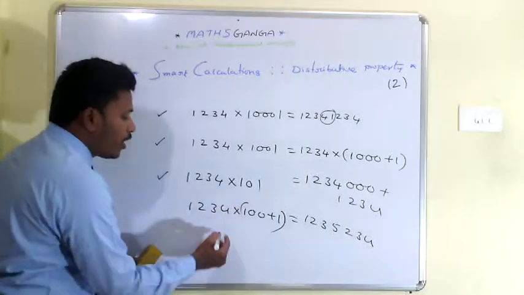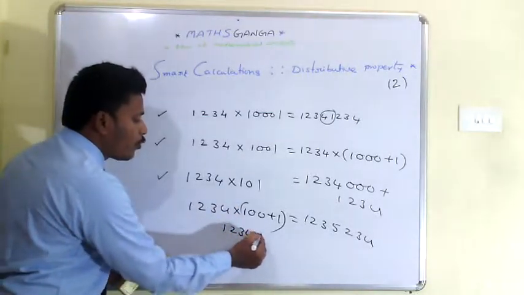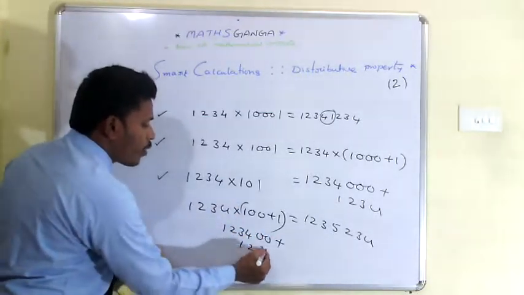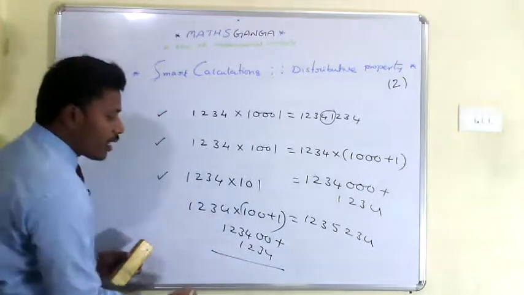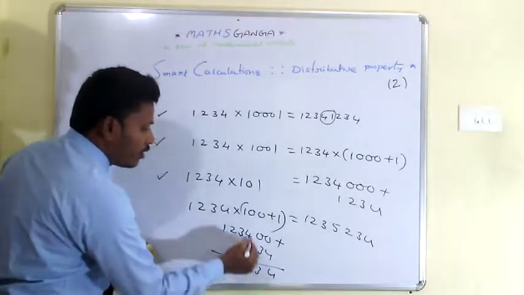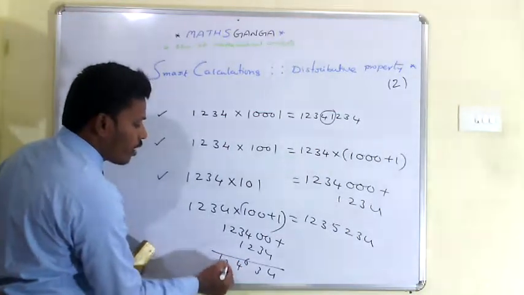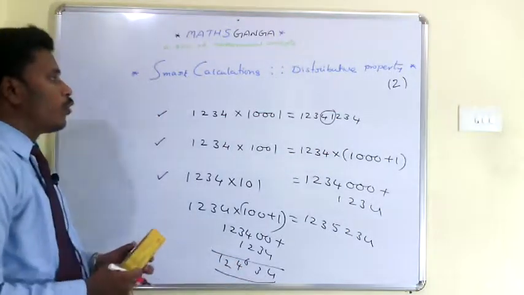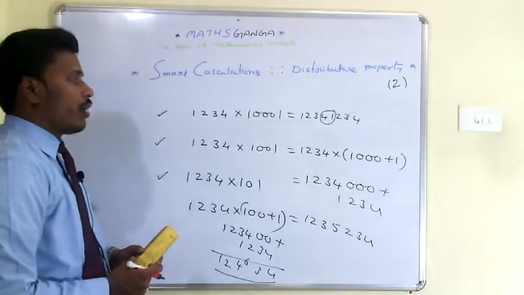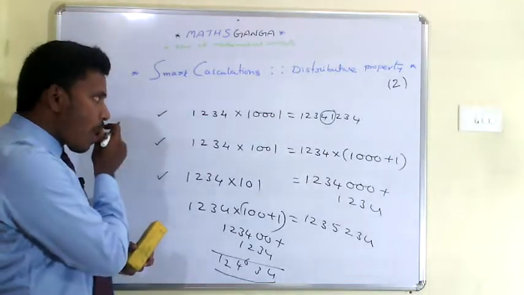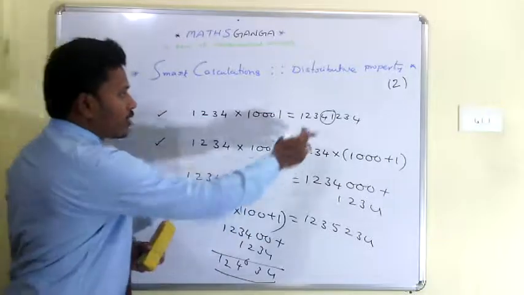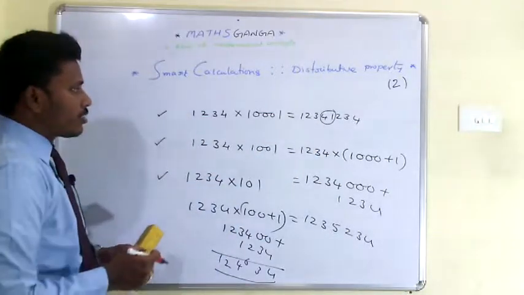So 1, 2, 3, 4 into 100 is 1, 2, 3, 4 with 2 zeros, plus 1, 2, 3, 4. Then what is the answer? 4, 3, 4 plus 2 is 6, 3 plus 1 is 4, and then 1, 2. So 1, 2, 4, 6, 3, 4. Okay, how does it happen? The last digits are the same, and the earlier digits are the same.